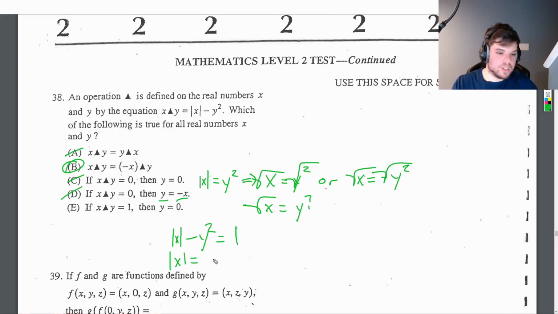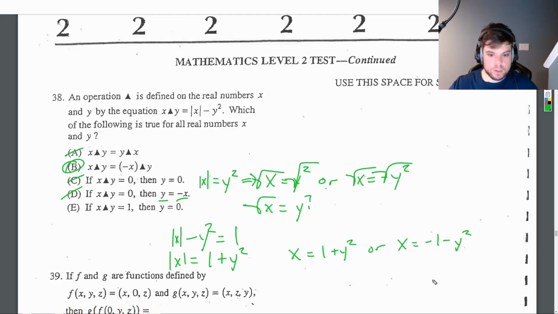Absolute value of x equals 1 plus y squared, which means that x equals 1 plus y squared, or x equals negative 1 minus y squared. It's one of those two.